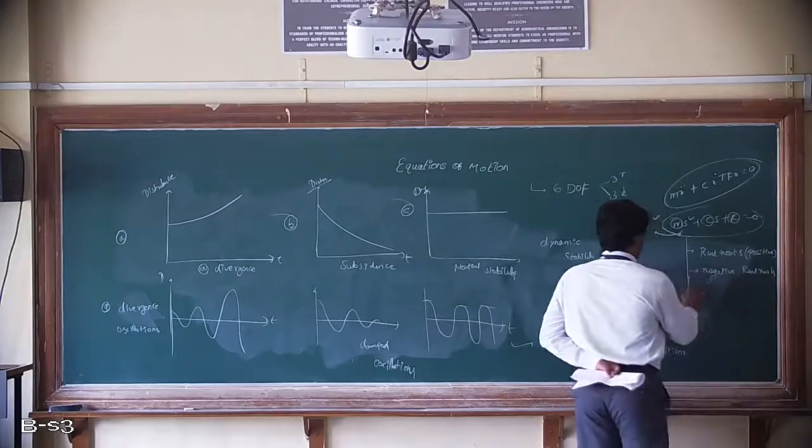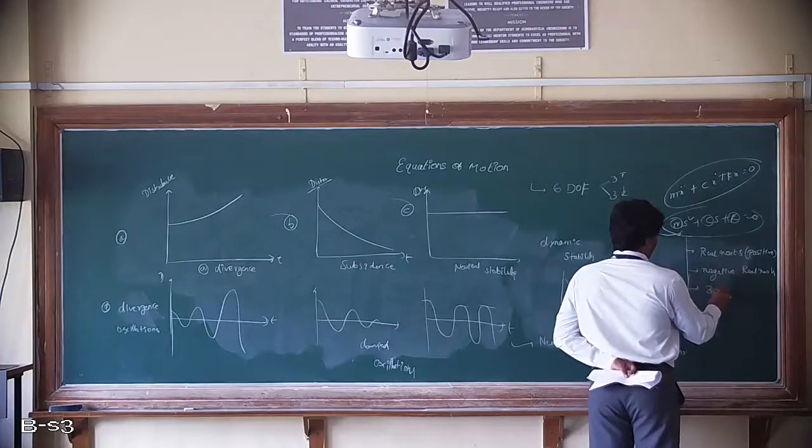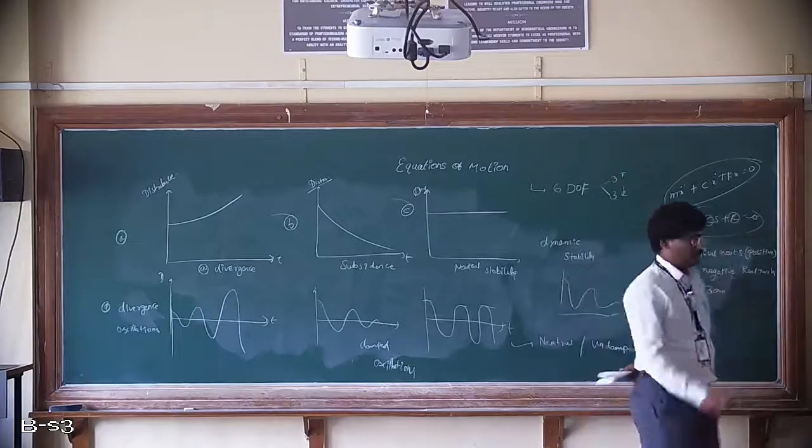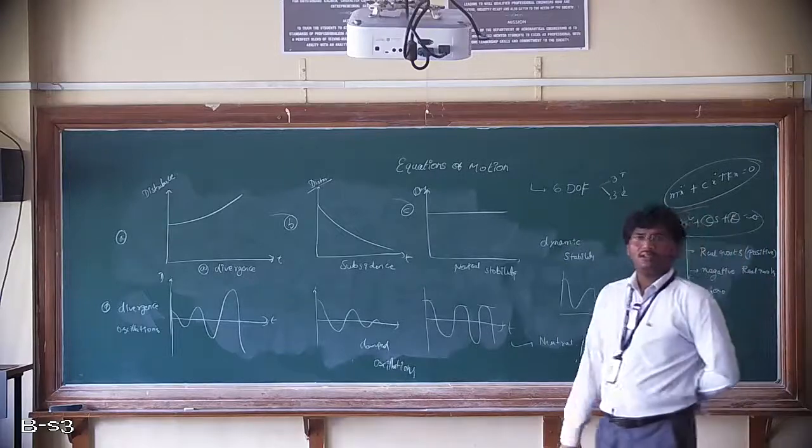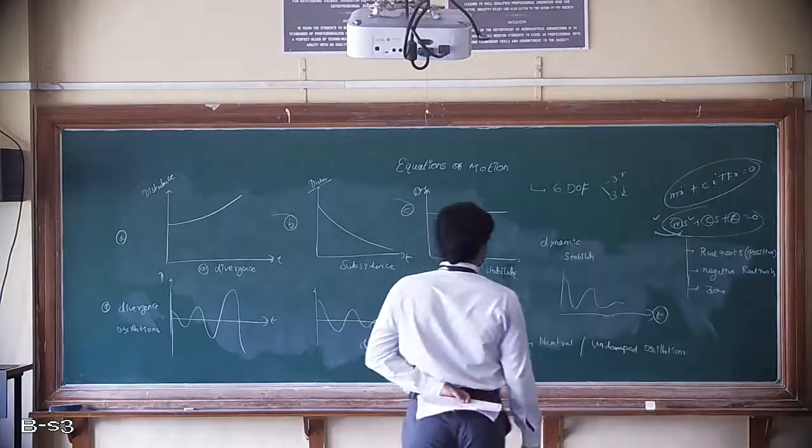Third one is 0. Roots are 0. You can take it like this also. Probably we'll get the root as 0 also.